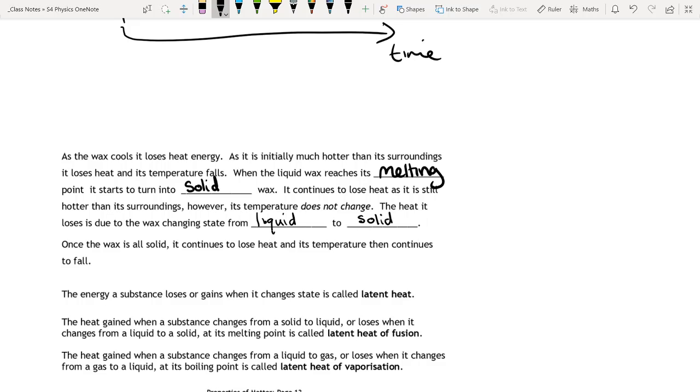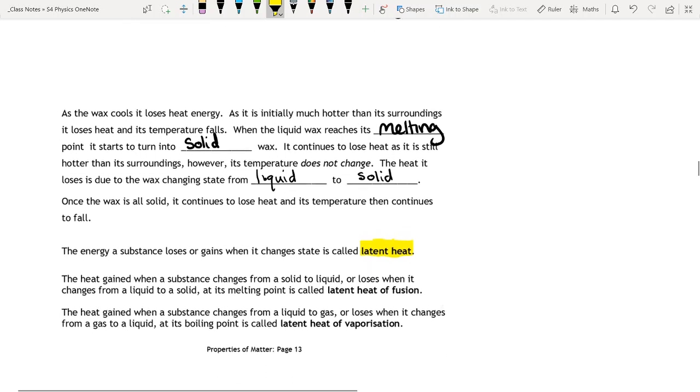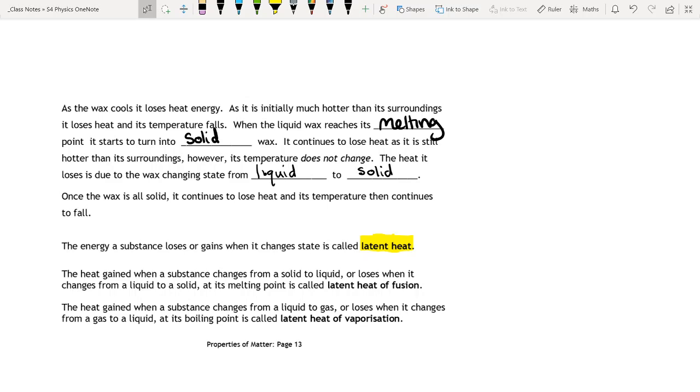Now, the energy a substance gains or loses when it changes state is called the latent heat. Okay, so that's quite an important term there. The heat gained when a substance changes from a solid to liquid, or lost when it changes from a liquid to solid, at its melting point is called the latent heat of fusion.